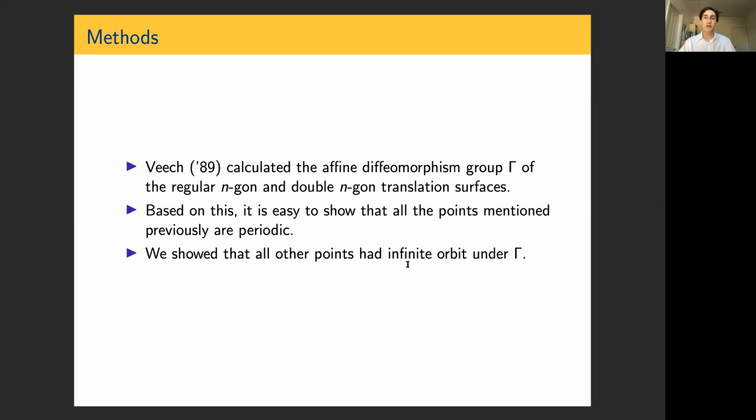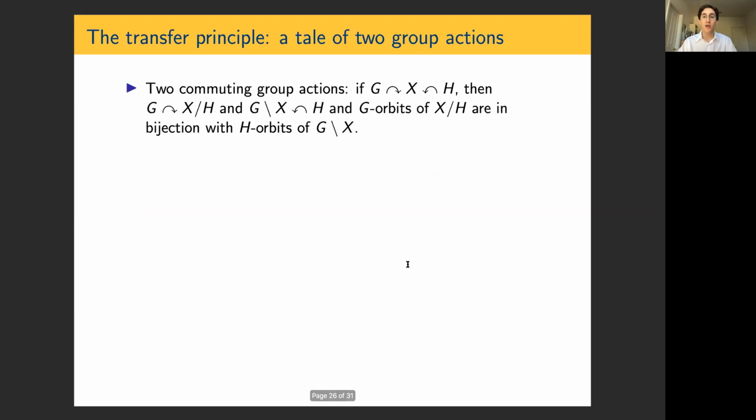We were able to show this by relating the action of gamma on the translation surface to a second group action via what we call the transfer principle. In full generality, the transfer principle applies to two commuting group actions.